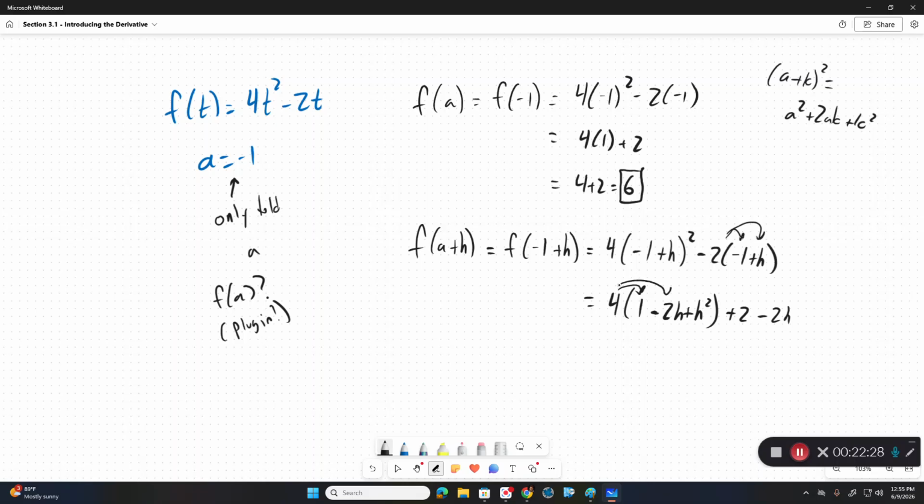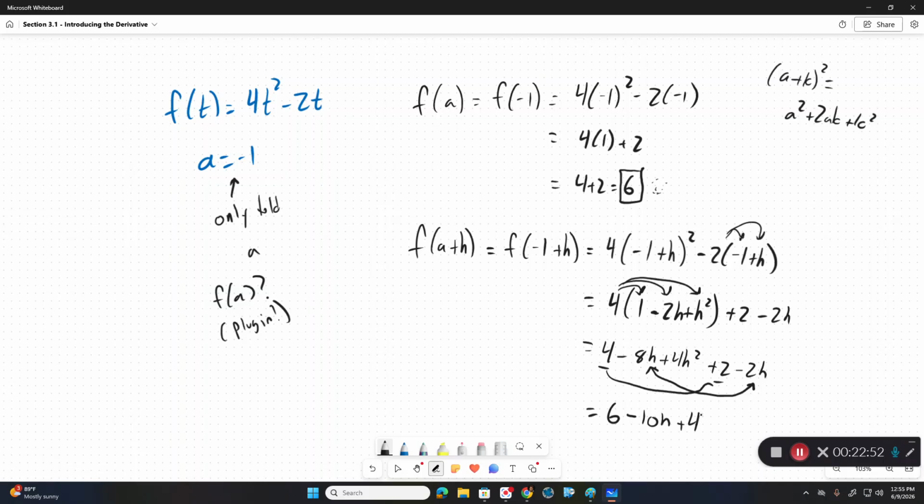Now we're ready to distribute out this 4. We'll say it's 4 minus 8h plus 4h squared plus 2 minus 2h. We have some combinations. There's our 6. We were expecting that. Negative 8h minus 2h is going to give us negative 10h.